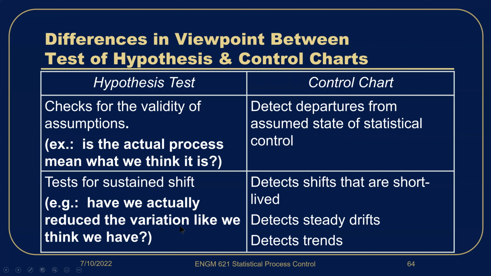Using hypothesis tests, we test the sustained shift, for example, if we have actually reduced the variation like we think we do. While using control charts, we detect different types of shifts and trends: short-lived shifts, steady drifts, or trends for a potential shift. So those are different viewpoints.